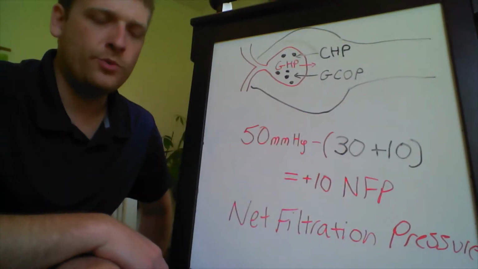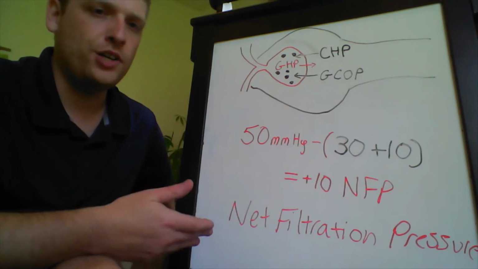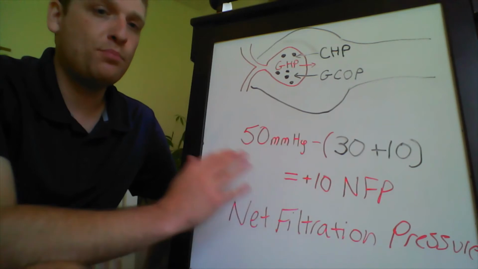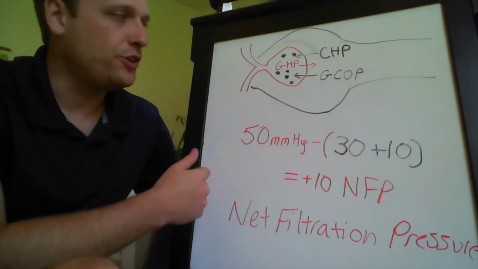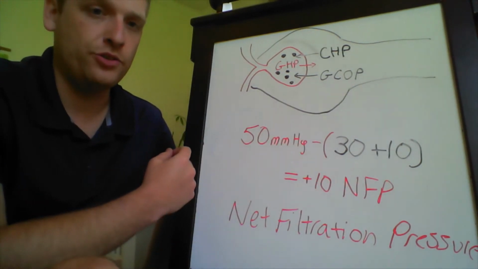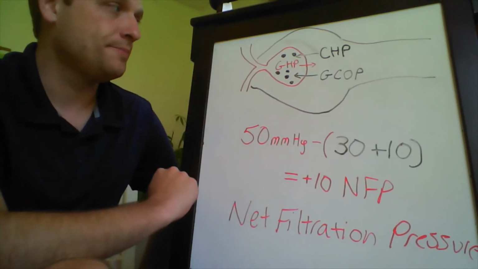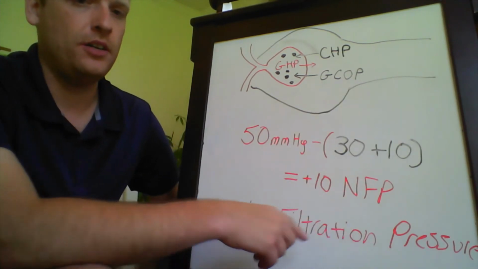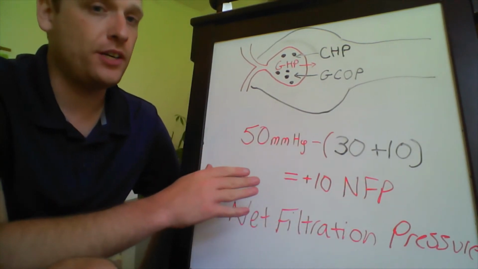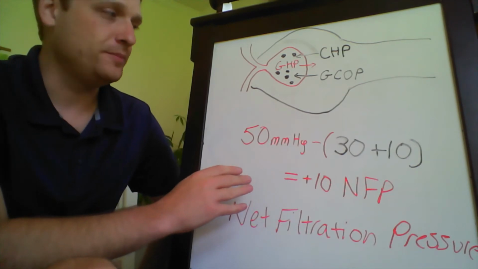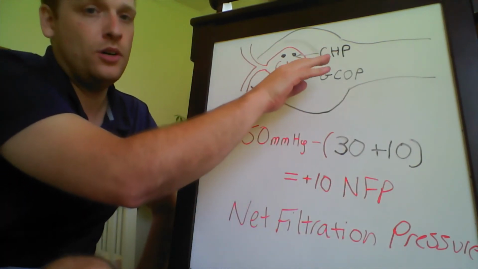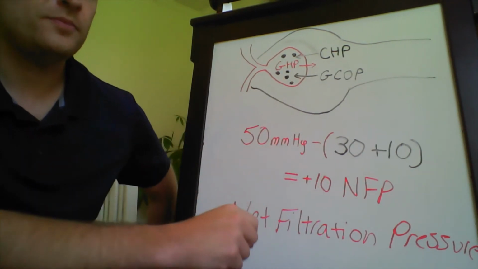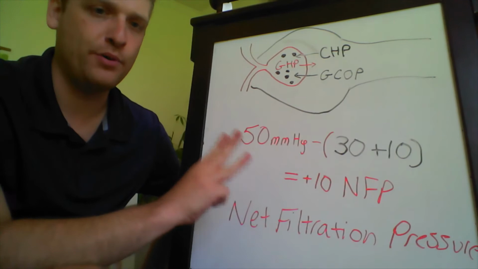As was the case when we were talking about filtration at the level of the capillary and the tissue, filtration pressure is also important when you're talking about glomerular filtration at the glomerulus. The net filtration pressure, which determines the direction of movement of fluid either into or out of the capsule, is determined by three pressures.